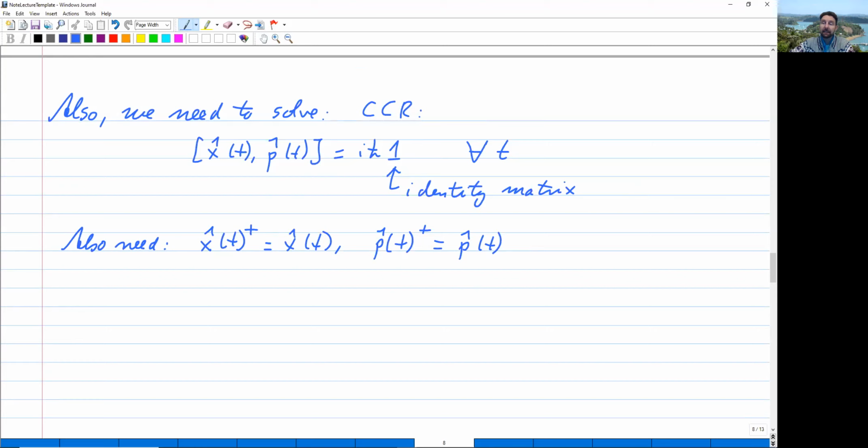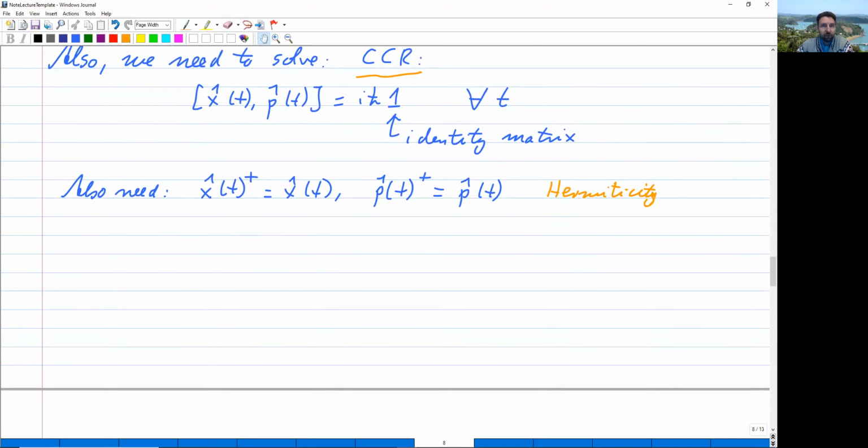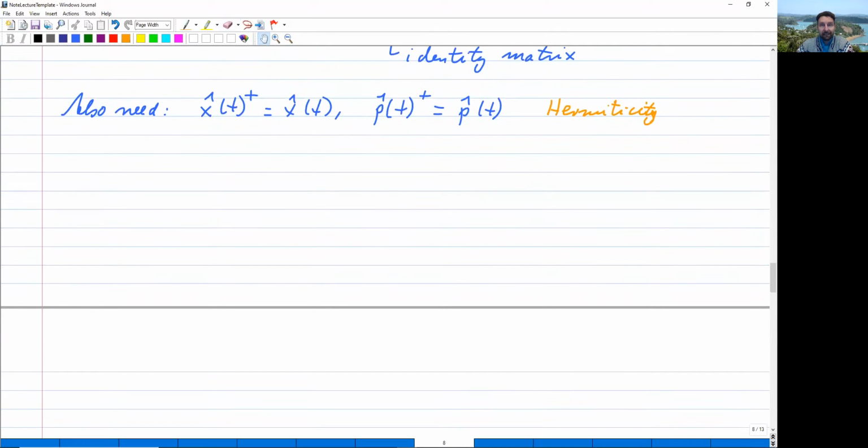Now, at this point, you might say this is a tall order, right? How do we solve the equations of motion, the canonical commutation relations, and the hermiticity with matrix-valued functions? And remember also, we anticipate that these matrices will have to have infinitely many entries. It looks like we have infinitely many problems to solve here, and in principle the answer is yes.